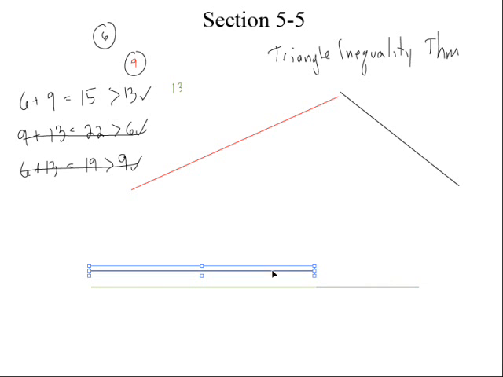I know it doesn't look like it, but there's one and there's another one. You see that? What if these 2 actually equaled the third side? So what if this was, instead of 6, what if it was 4? Could I have a triangle with sides 4, 9, and 13? Okay. Now, I don't know if this is 4 or not, but let's just pretend.